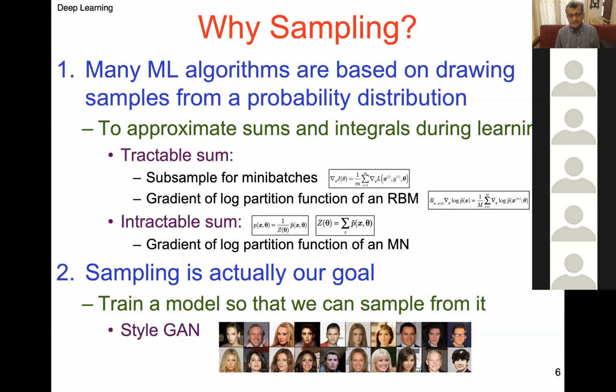So we're saying that sampling is needed for determining tractable sums, sampling is needed for intractable sums, but sampling may actually be a worthwhile end in itself. It's not just a means to compute something. So we want to train a model so that we can sample from it. Here are some celebrity faces, and there is a StyleGAN which generates all these faces.